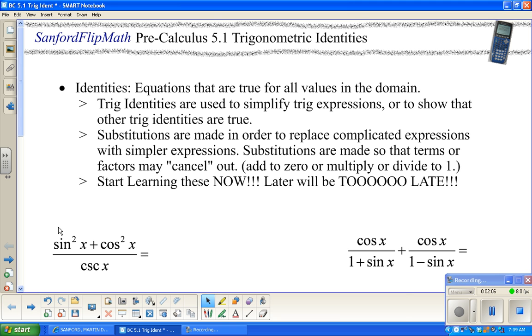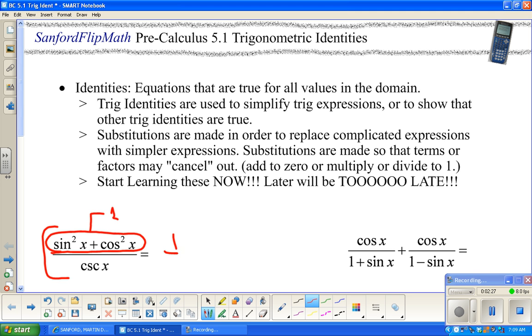What we're trying to do is simplify expressions that look like this, and I'm just going to zip through this little example here just so you see what's going on. In just a couple minutes, we're going to talk about the fact that this sine squared plus cosine squared, based on the right triangle a squared plus b squared equals c squared, happens to be equal to 1. So since that's true, this is really 1 over cosecant x, and again I'll talk about why that is in a minute. And we know that cosecant is the reciprocal of sine, so the reciprocal of cosecant takes us back to sine.